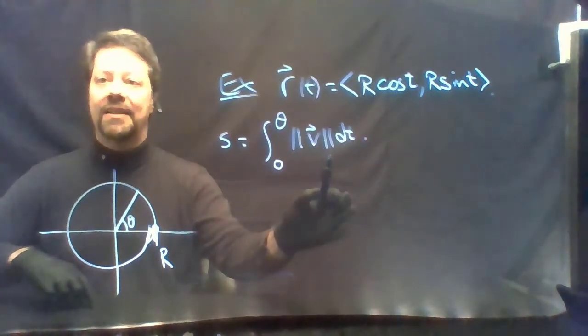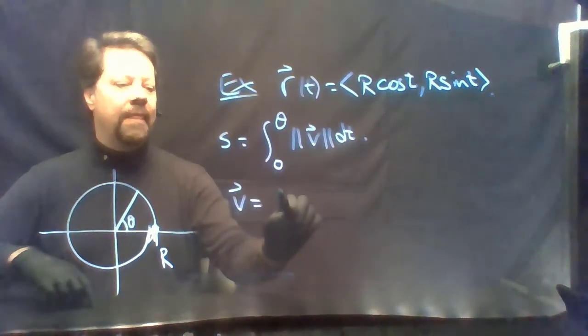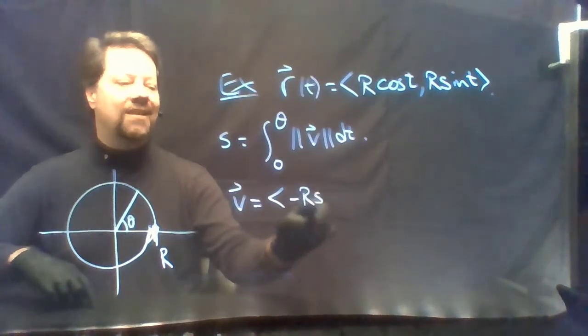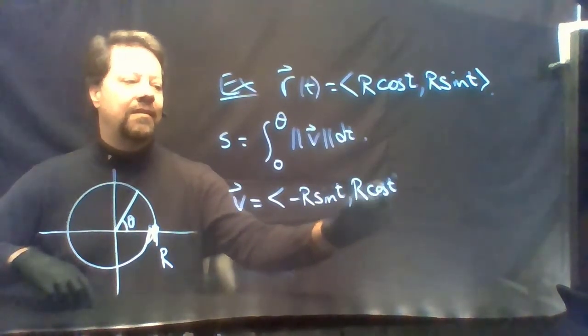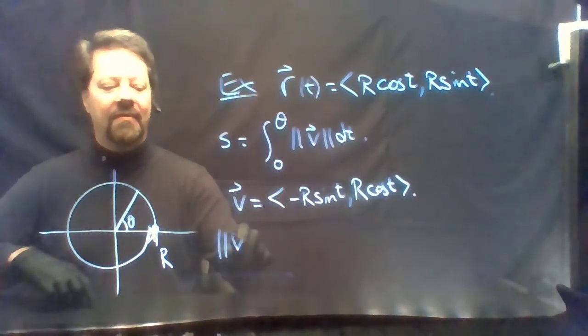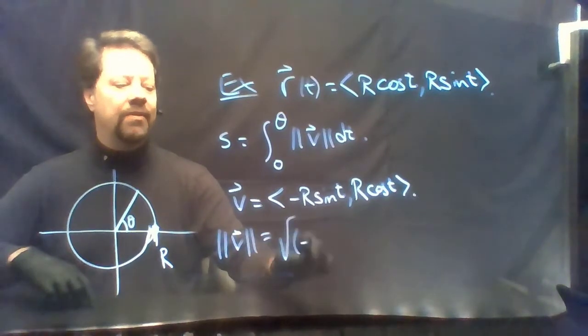First, let's calculate the speed. To do that, we need the velocity vector, which is clearly minus r sine t, r cosine t. It follows then that the speed is the square root.